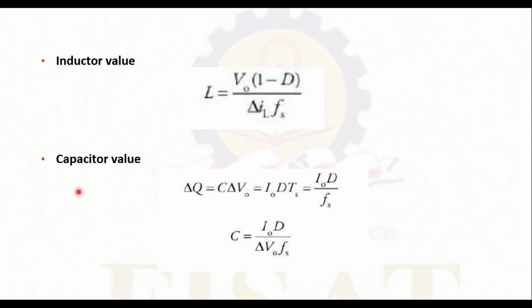Similarly, the capacitor value C is equal to Io into D divided by delta Vo into Fs. This delta Vo is called the voltage ripple. Therefore, delta Vo is equal to Io D divided by C into Fs. So that is about the buck boost converter.